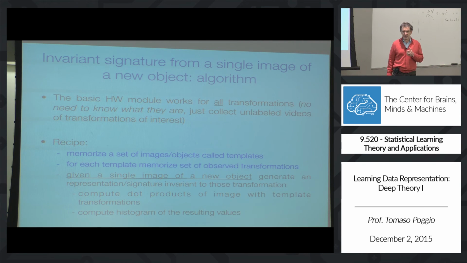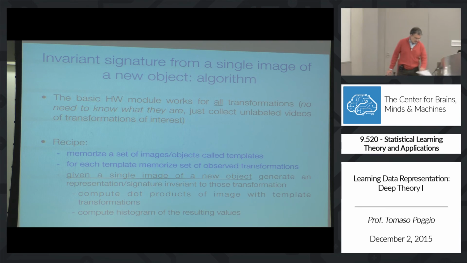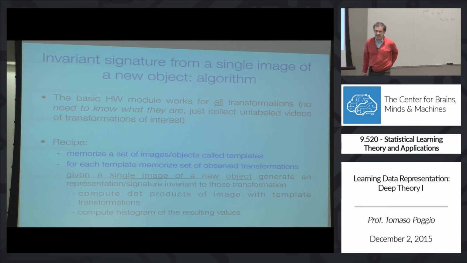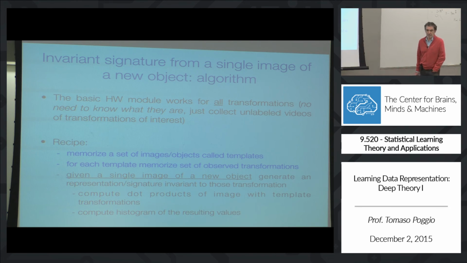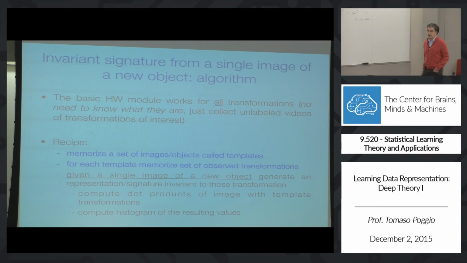Okay, so the usual feeling by many people working with deep learning and HMAX in our case is that when you do pooling, you get invariance, but at the cost of losing uniqueness. That does not need to be the case if you have enough filters, in this case, different filters. This corresponds to the templates.